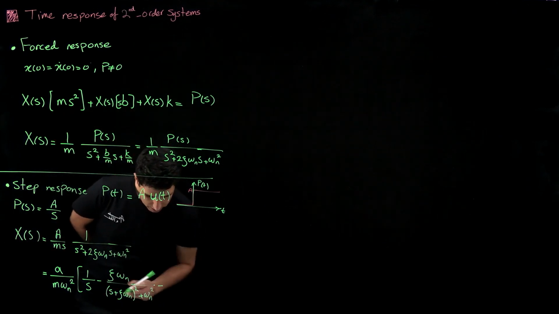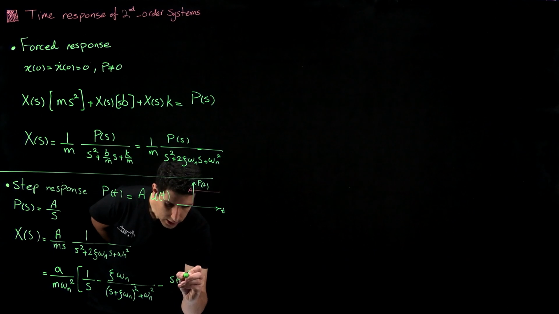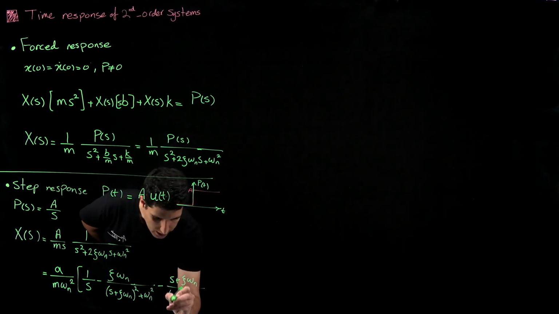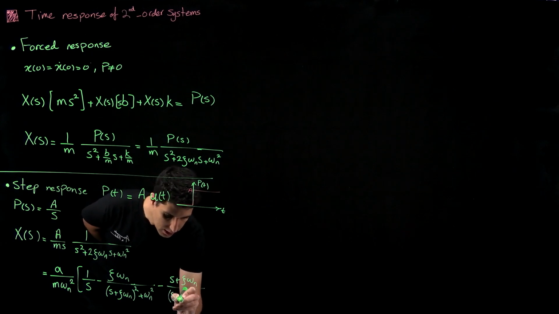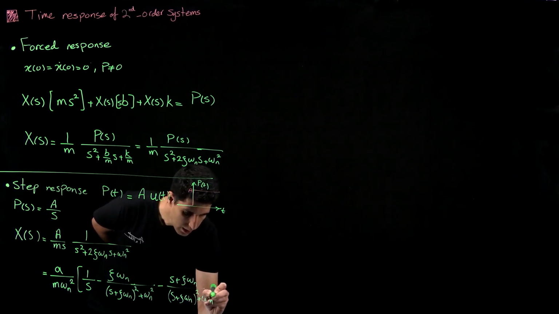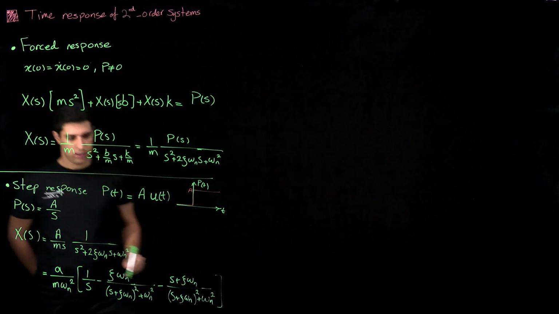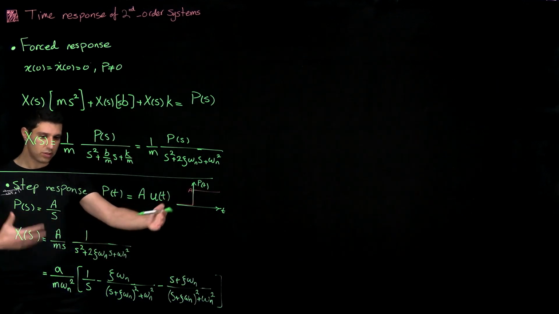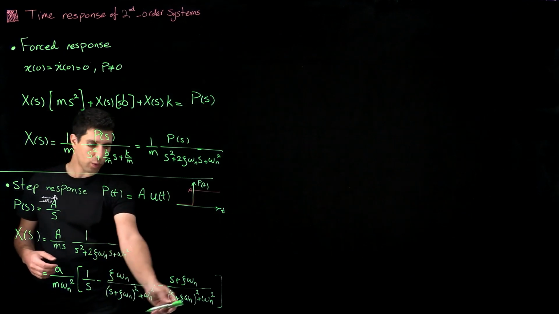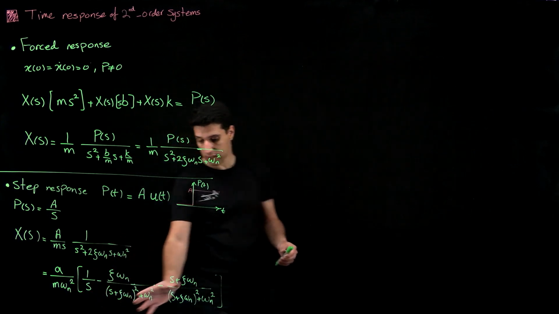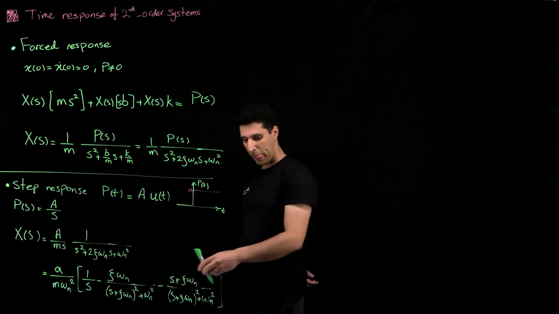And the last term is s plus z omega n divided by same thing, s plus z omega n squared plus omega n squared. So it's the same expression written and separated into terms, such that now we know what Laplace inverse of any of these are.